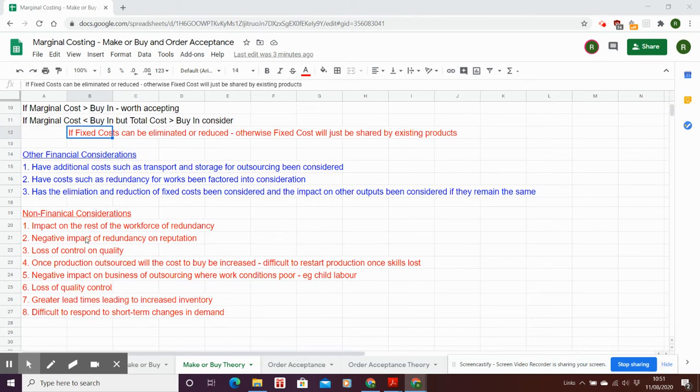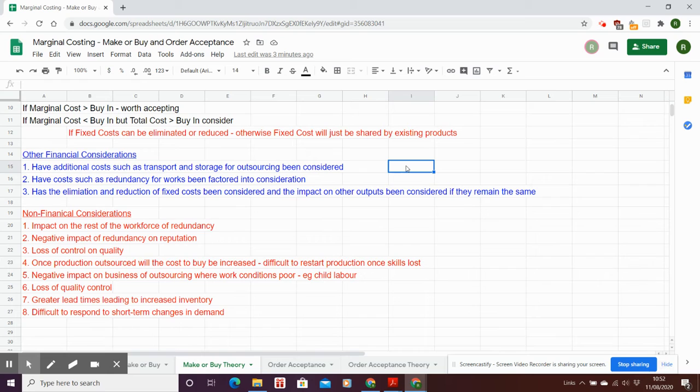Okay, there are other financial considerations that you should look at whenever you're doing anything to do with make or buy. And it'd be quite common for you to have to write about this as well in an exam question. The first thing that you need to consider is, have any additional costs to do with outsourcing been considered? It's not quite as straightforward as we either produce it ourselves or get somebody else to produce the product.